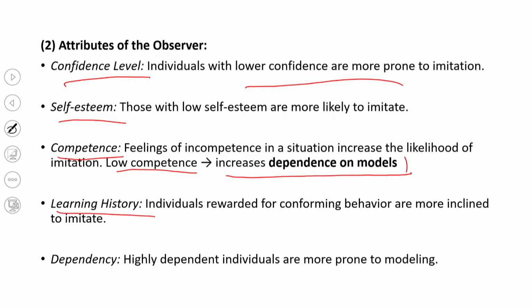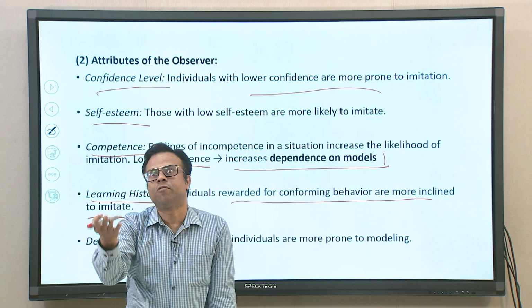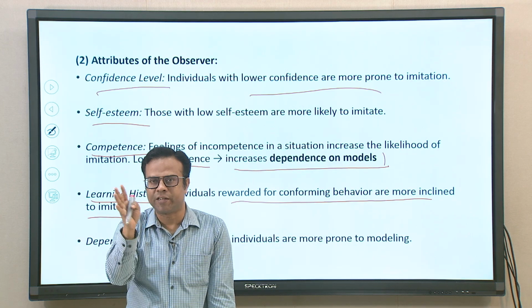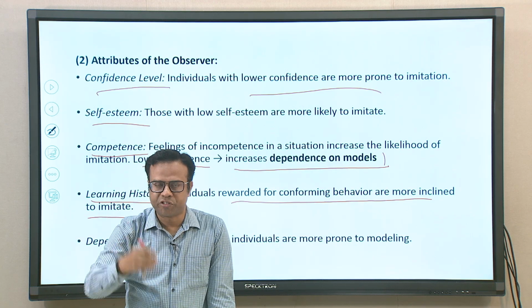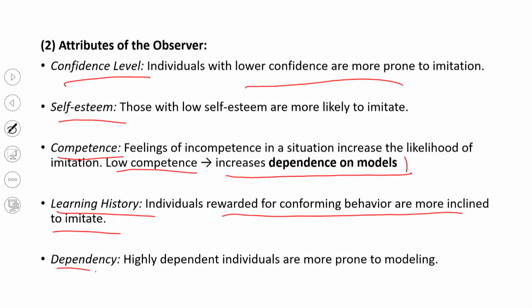Then learning history, individuals rewarded for conforming behaviors are more inclined to imitate. So, what is the history? If they see other people are rewarded for doing something, they are more likely to imitate that. They see that if that person is rewarded, if I do that, I will also get a reward. So, what you have observed in the past is also very important. Then obviously, dependency, which we already talked about here, highly dependent individuals are more prone to modeling.